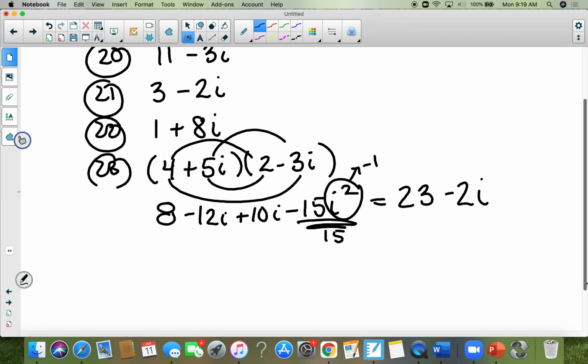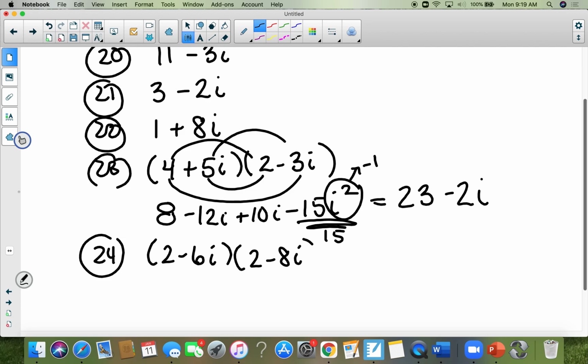And one more of those, 24. 2 minus 6i times 2 minus 8i. 2 times 2, 4. 2 times a negative 8i, negative 16i. Negative 6i times 2, negative 12i.